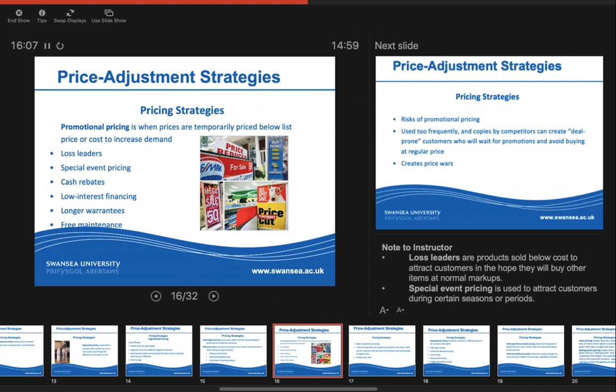So loss leaders, typically supermarkets do this. They'll put a low cost option next door to something that is high profit.